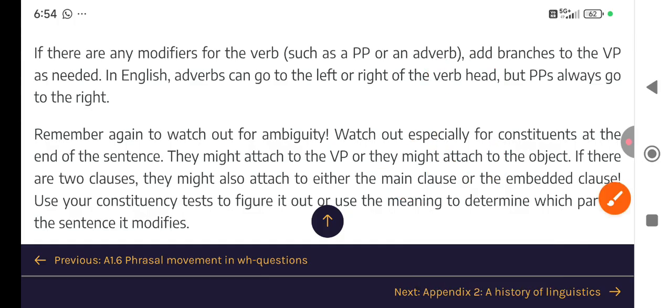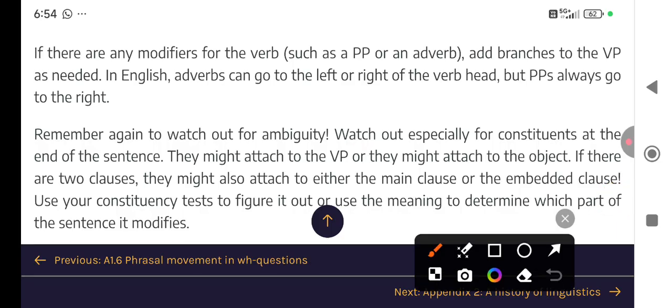But PPs, meaning prepositional phrases, always go to the right. Very important and informative: prepositional phrases always go after the verb.